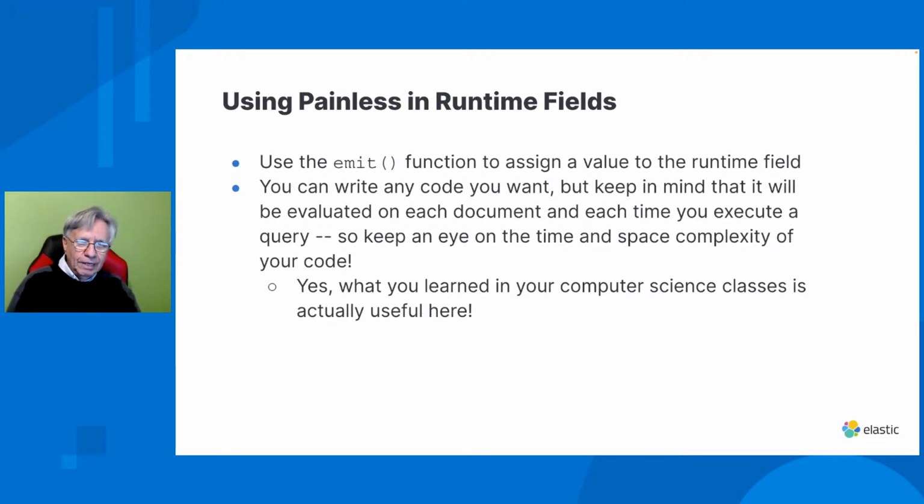But it will be evaluated every time you need the field on every document. So if you have a search that involves a lot of documents and they all need that field calculated, the script is run each and every time, because every document is a new input to the script.